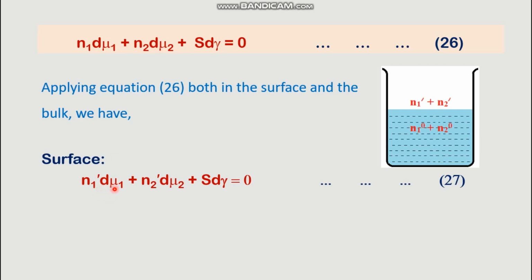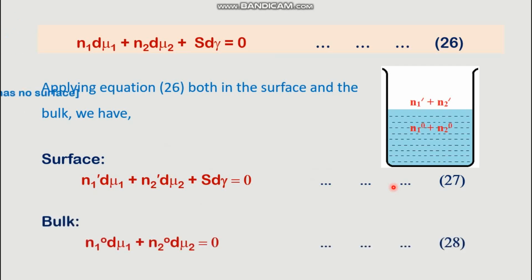One is N1 prime d mu1 plus N2 prime d mu2 plus sd gamma, and in the case of the bulk phase there is no surface, so this term would vanish. Only N10 d mu1 and N20 d mu2. So this is the equation for the surface phase, which is derived from equation number 26. Thus we get equation number 27, and equation number 28 would be obtained from equation number 26 similarly, but this sd gamma part would not be present here because the bulk does not have any surface. So equation number 27 and 28.